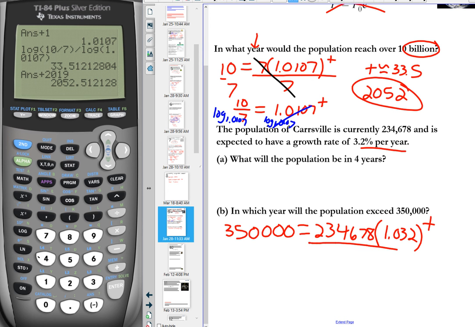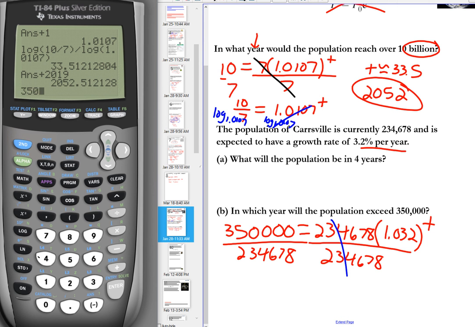The first thing I'm doing is dividing the final population by the initial one. 350,000 divided by 234,678.